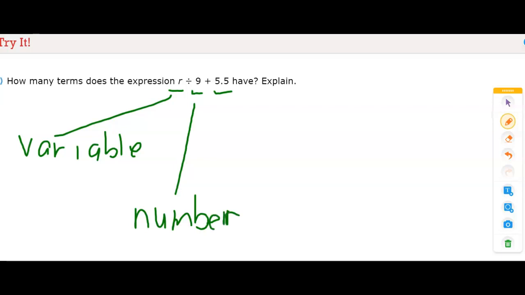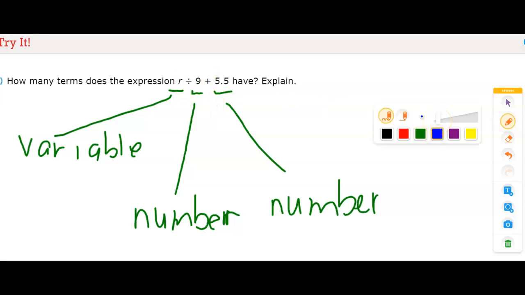And then we have the 5 and 5/10, which is another number or value, or term, as they like to use it. And that's it. There's 3. And you know that because each term is separated by an operation. That's how you know when you get to a different term.